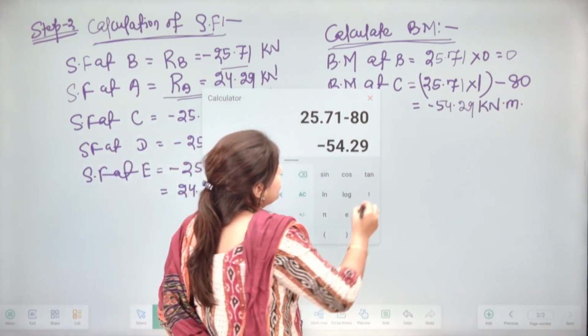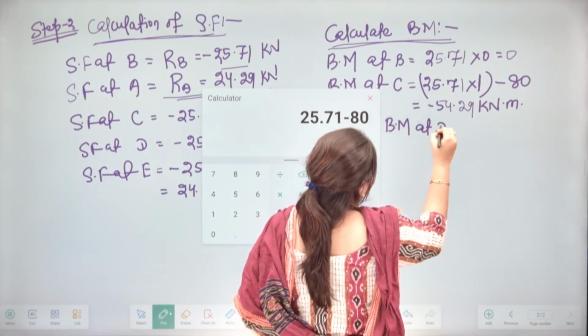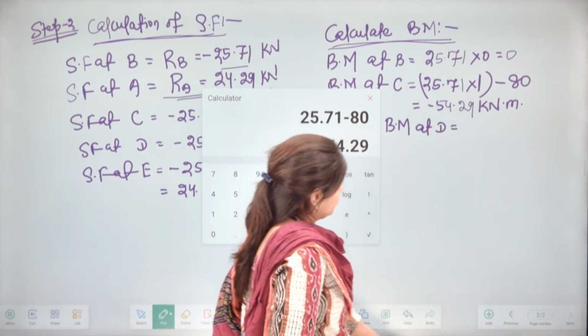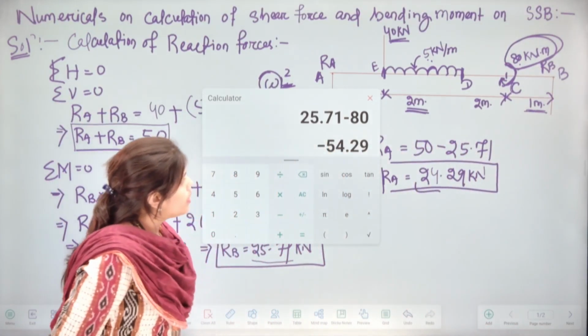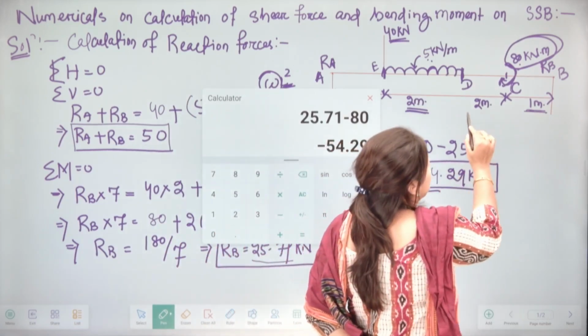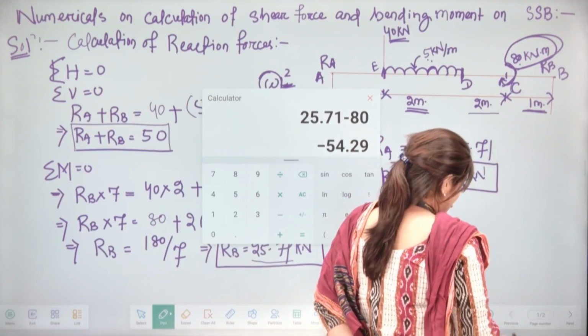Next, bending moment at D. Here the distance will be multiplied, that is 2 plus 1, 3, with this force.